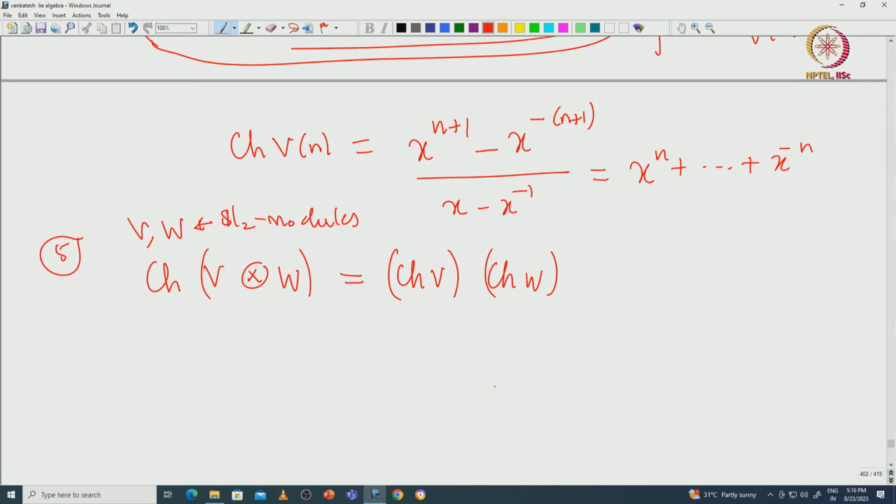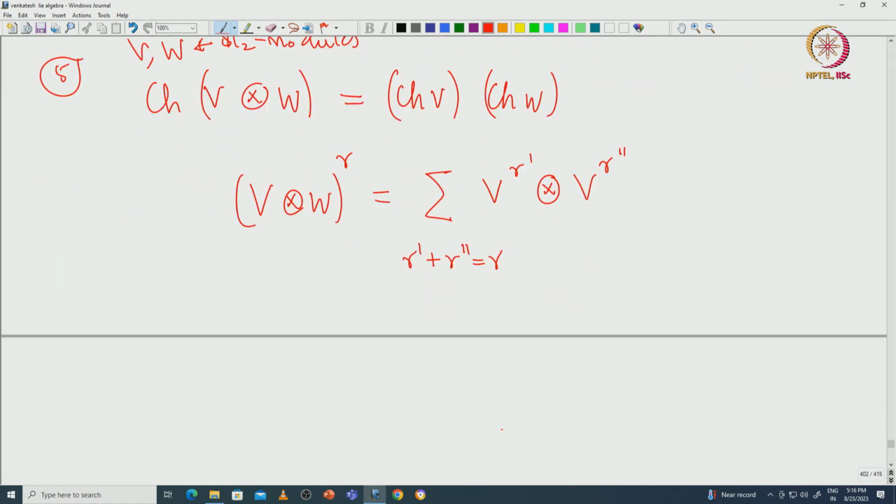For example, if you take this (V tensor W)_gamma, the gamma eigenspace, then you can see that this will be just a sum of all these eigenspaces V_gamma' tensor V_gamma'', where gamma' plus gamma'' is exactly gamma.